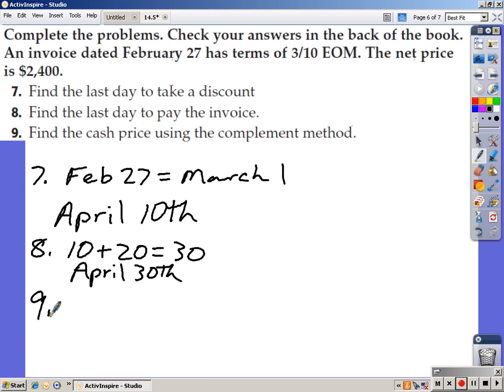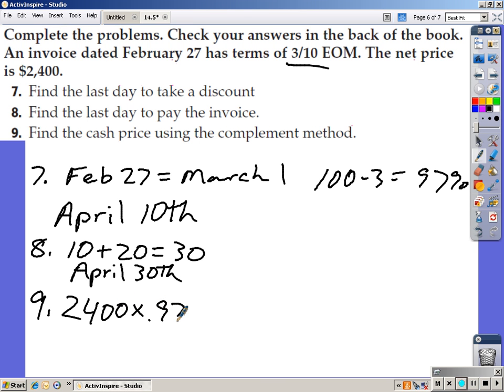Okay, the complement of 3%, 100 minus 3 is 97. 2,400 times 0.97, plug that in, is 2,328. Okay? Pretty simple if you just follow the rules.